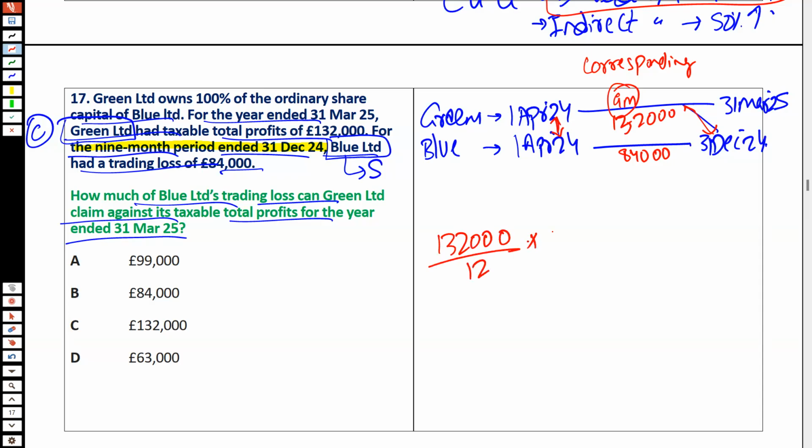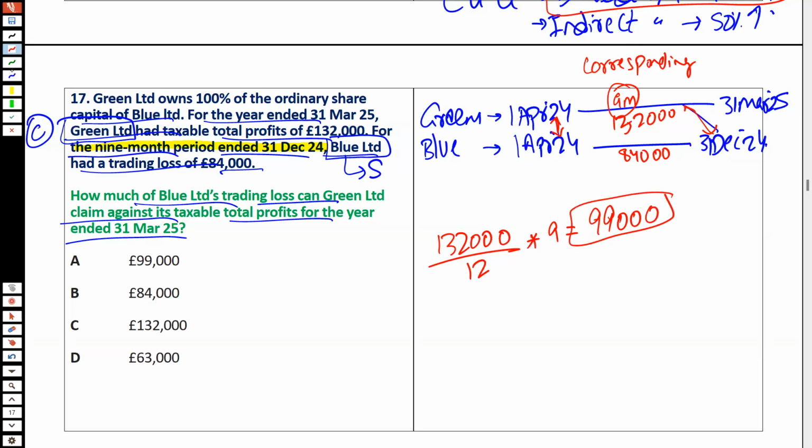So if I calculate for 9 months, that turns out to be 99,000. So 99,000 is the maximum amount of loss which can be absorbed.